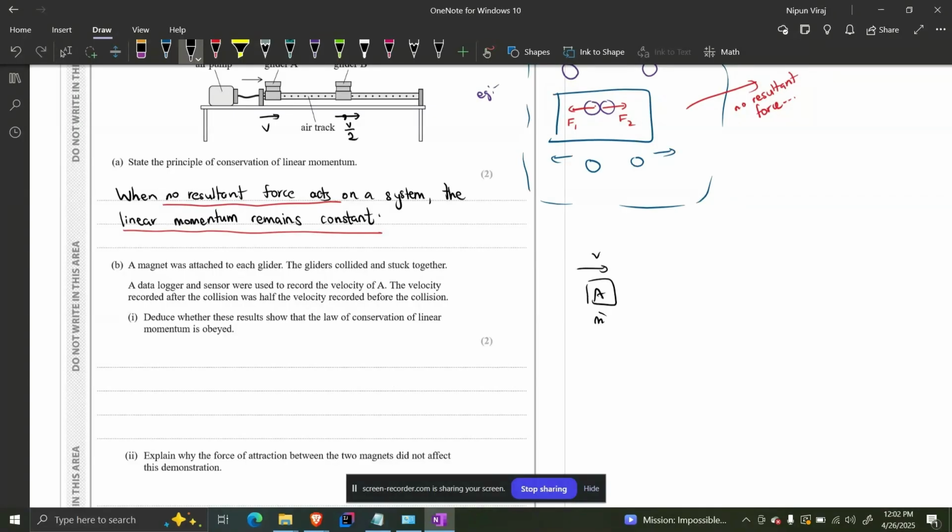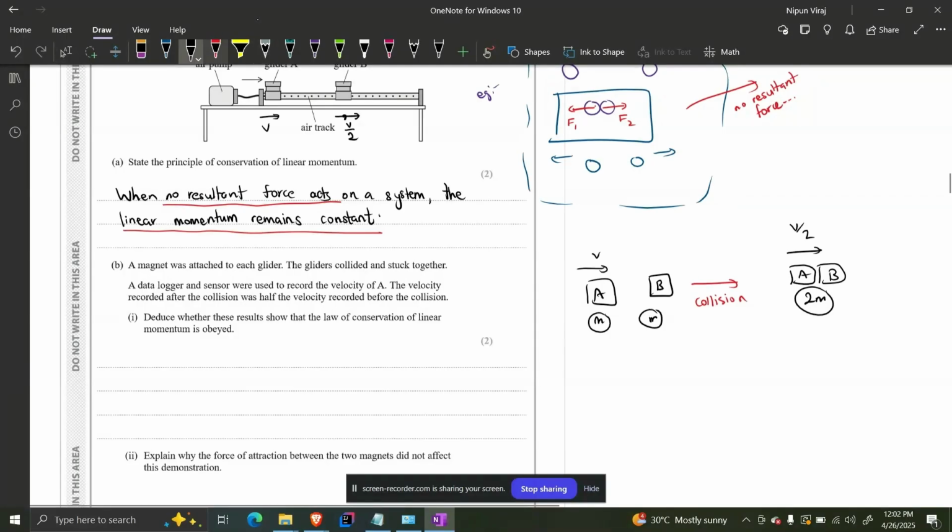It has a mass of m, and there is this glider B, which is stationary. It also has a mass of m. Then there is a collision, and after this collision, what is the scenario? There is this A and there is this B. Their combined mass is 2m, and they will move with a certain velocity v/2. This is the situation, right?